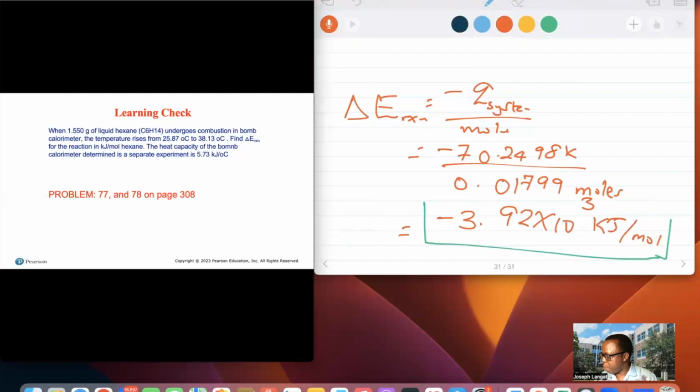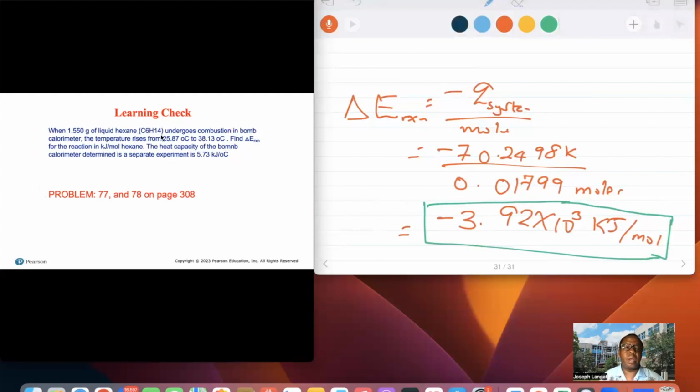Please go back and take note of the times 10 raised to 3 here. This is the change in internal energy for the reaction in kilojoules per mole of hexane.